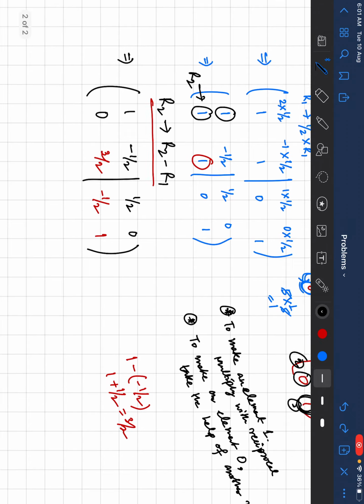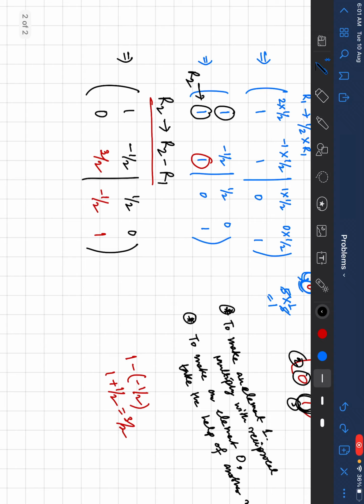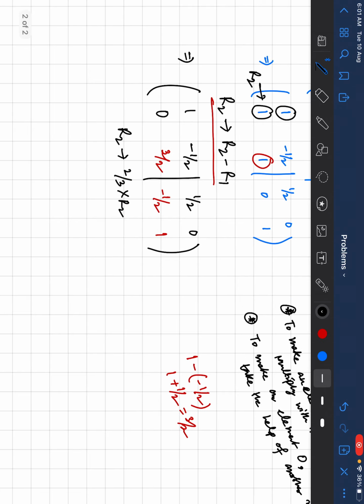I already told you, to make an element 1 we have to multiply with its reciprocal. So 3 by 2, what is the opposite of 3 by 2? It is 2 by 3. So we have to multiply R2 with 2 by 3, the reciprocal of 3 by 2. If I multiply with 2 by 3, what do we get?